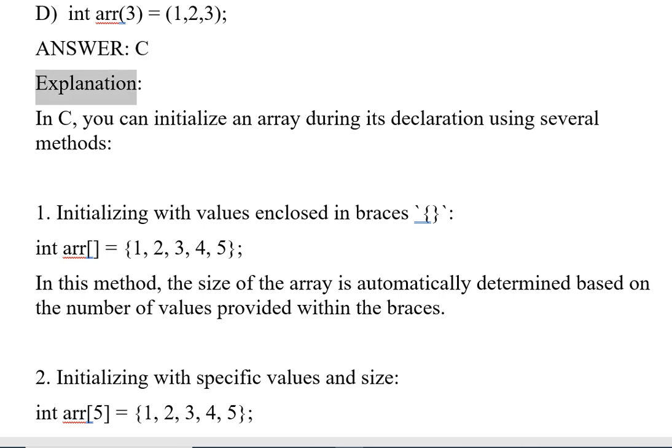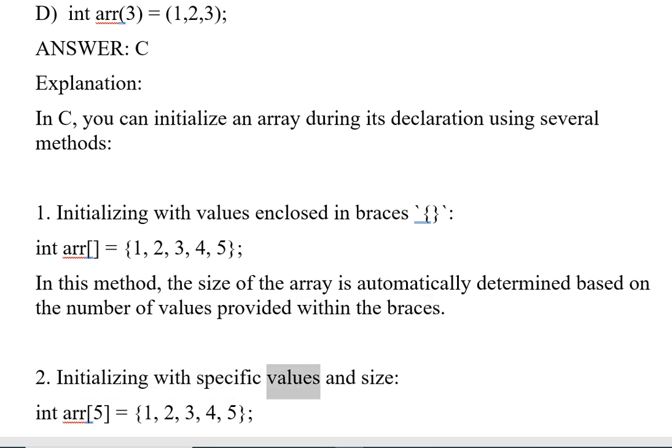Explanation. In C, you can initialize an array during its declaration using several methods. 1. Initializing with values enclosed in braces. int arr[] = {1, 2, 3, 4, 5}. In this method, the size of the array is automatically determined based on the number of values provided within the braces. 2.